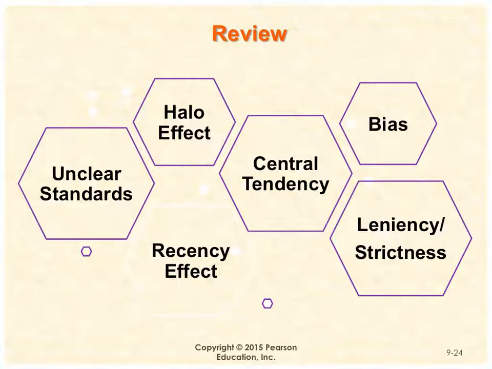We have the recency effect, where we typically only look at the most recent activity, the most recent events. We have leniency and strictness, which is just our own way of how we mandate things and how we judge things. And then we also have our own personal biases, which are ideas in our head that could affect how we appraise somebody.